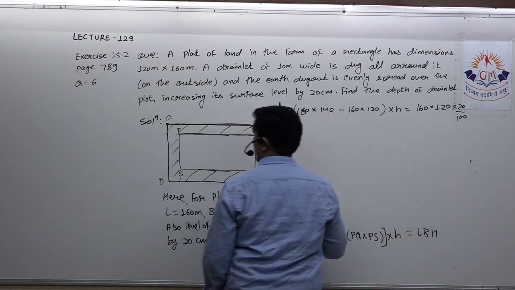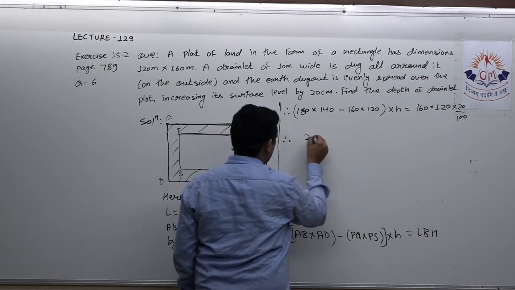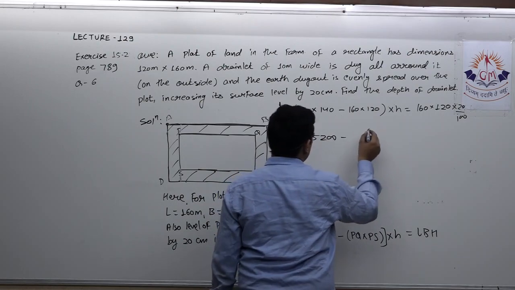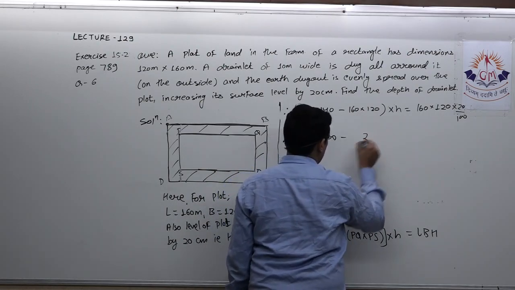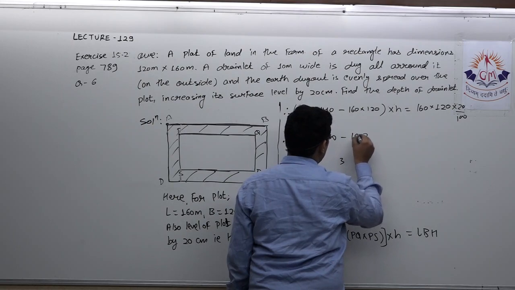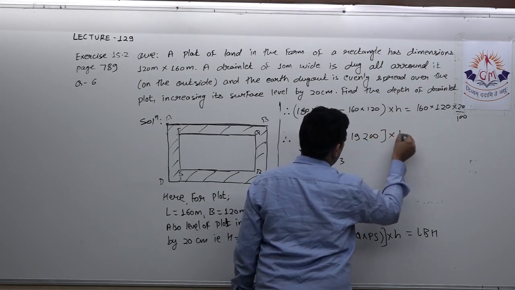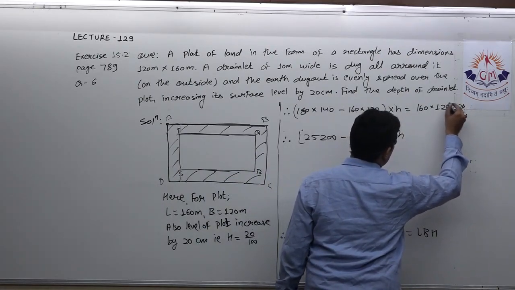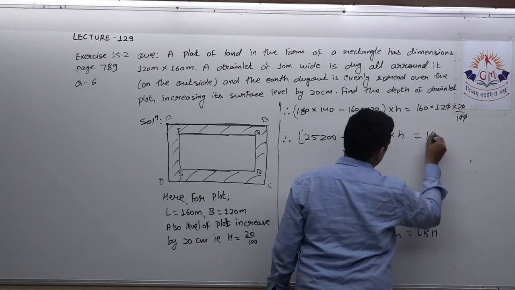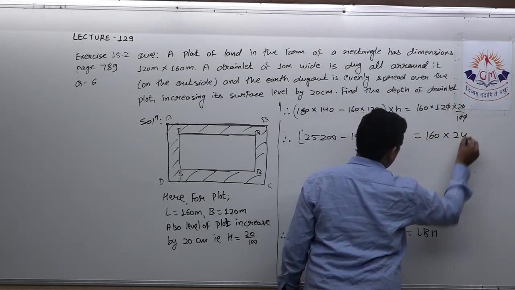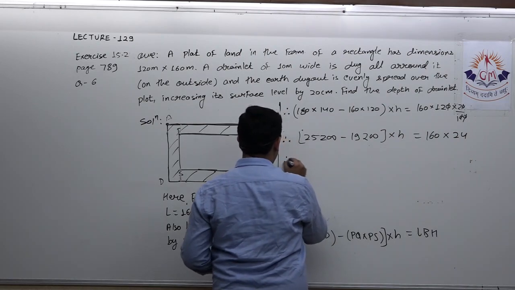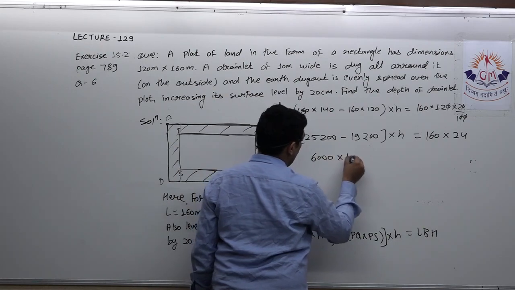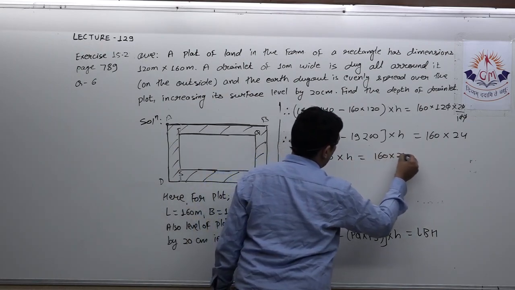Now 180 into 140 is 25200, and 160 into 120 is 19200, multiplied by h. This 0 will cancel with this 0, so it is equal to 160 into 24. Therefore, the difference is 6000 multiplied by h, equal to 160 into 24.